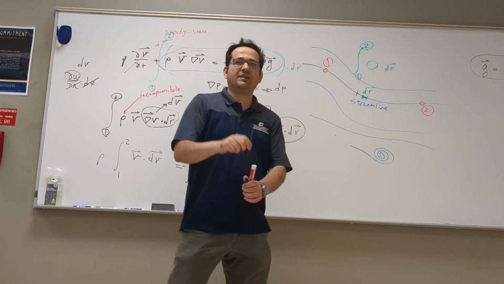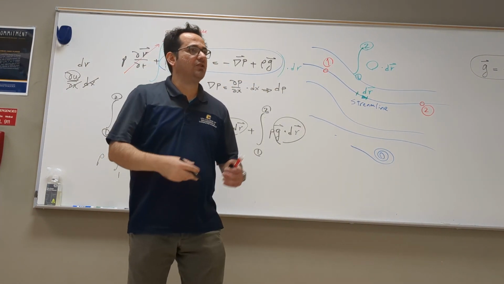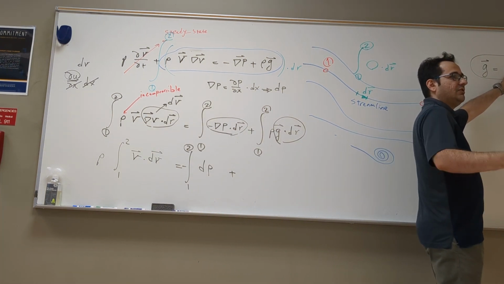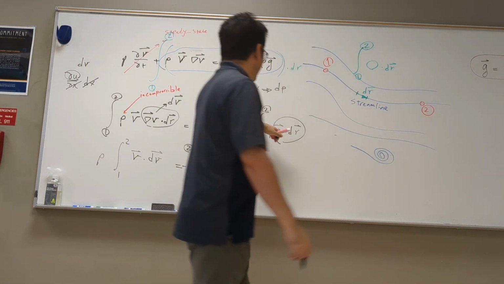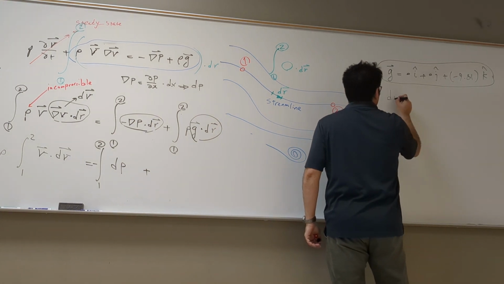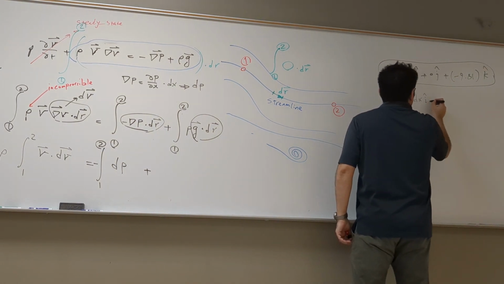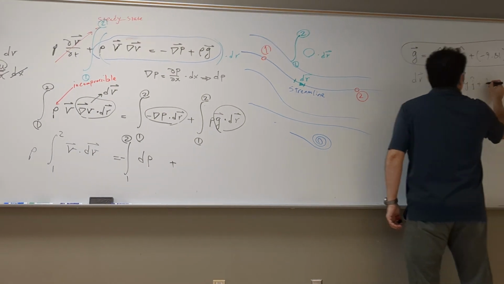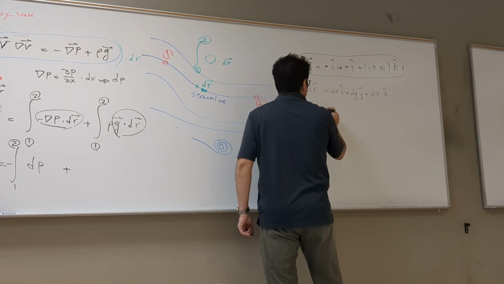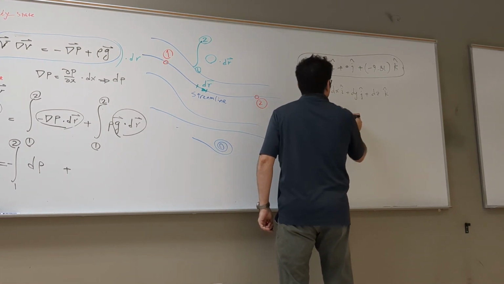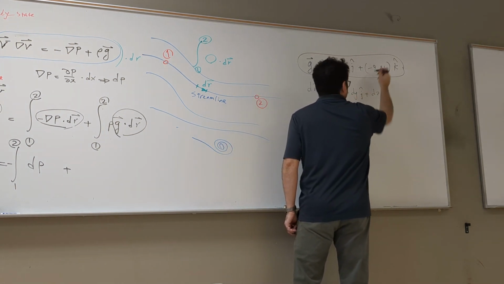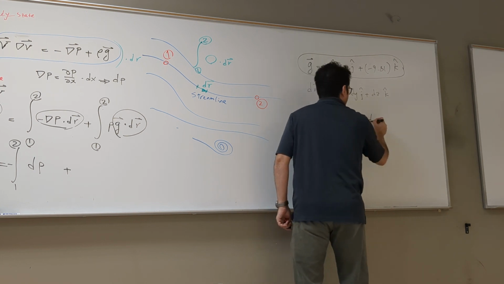We put z in the direction opposite to g. That's a convention. You could say, well, my g is in the i direction. That is not different. The only thing is g will just get a different direction, a different sign. But for g, if you multiply by dr, which is dx i plus dy j plus dz k, and do the dot product, you get 0 times dx plus 0 times dy plus negative g times dz.